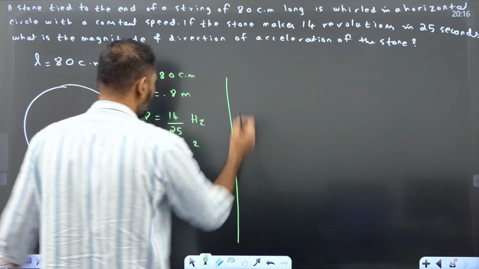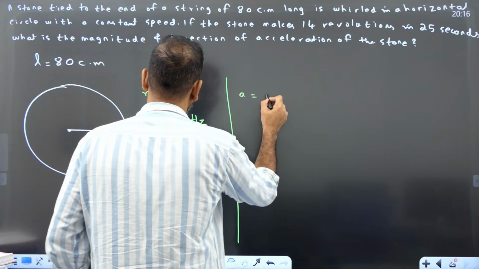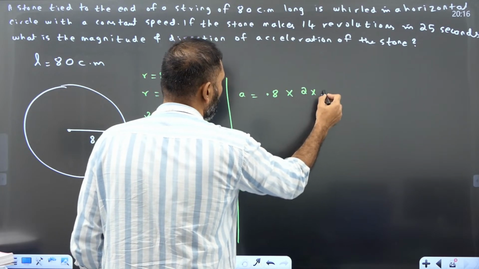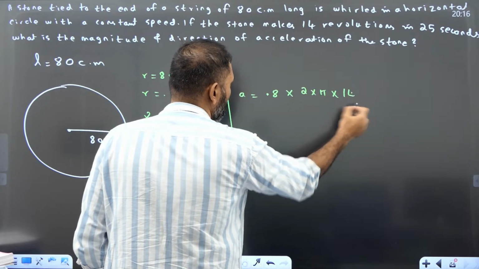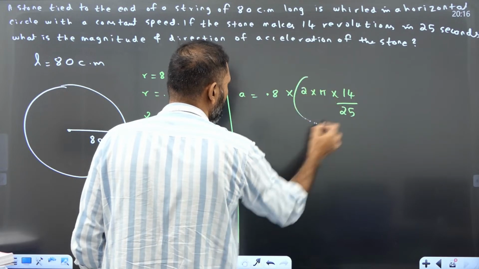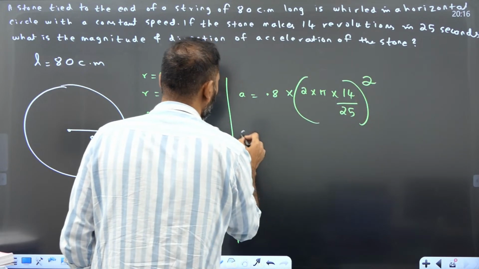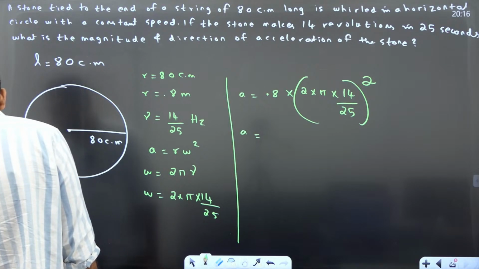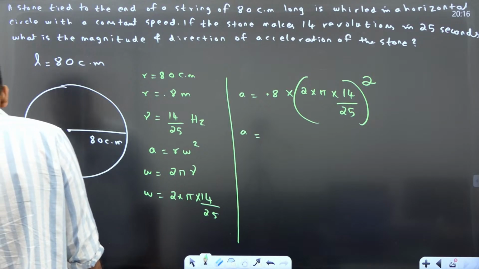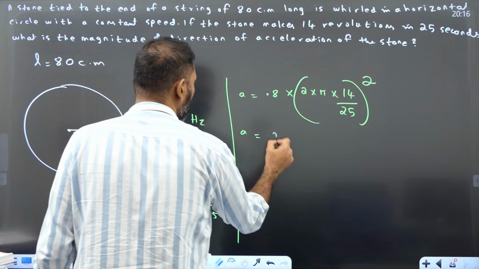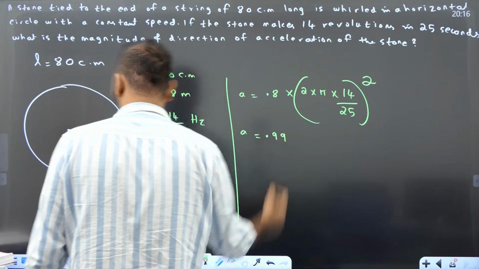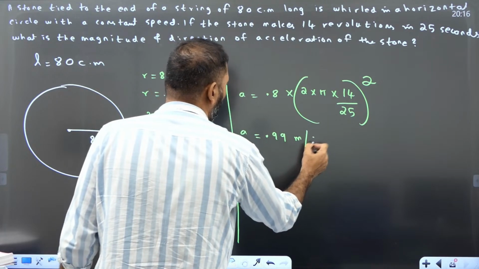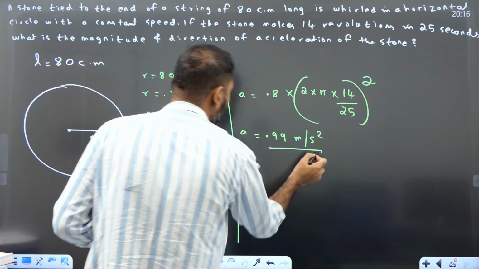So acceleration A is equal to 0.8 into (2 into pi into 14 by 25) the whole square. If you substitute, your answer will be 0.99 meter per second square.